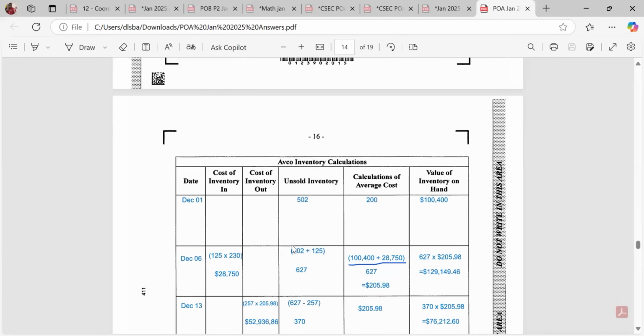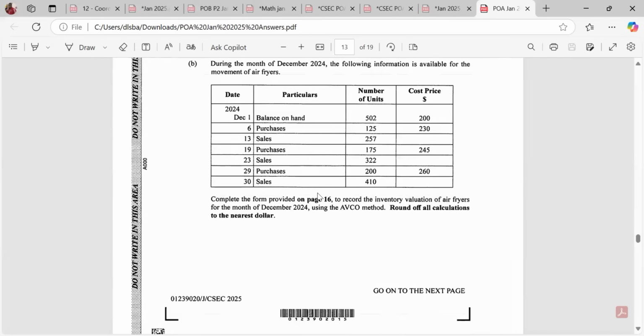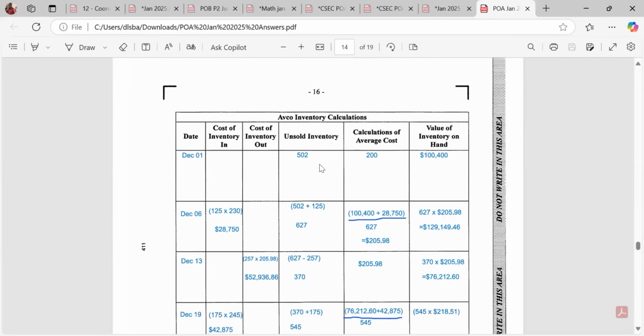Total unsold inventory is now the 502 that you had before, plus the 125 you just bought. Total unsold inventory is now 627. To calculate the average cost, you'll take the total cost, which is the cost of the 502 inventory plus the cost of the 125 you just bought, and divide by your total units.